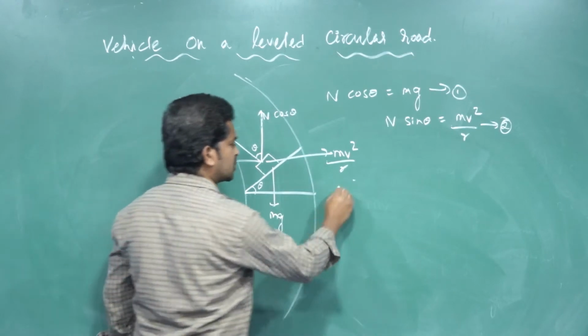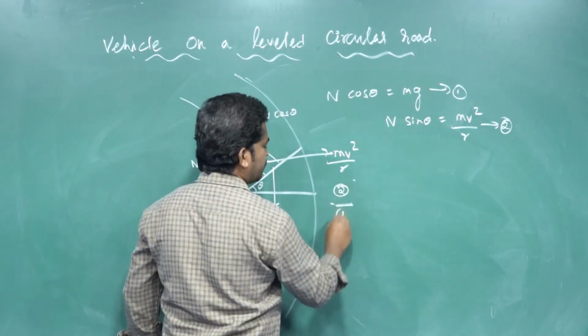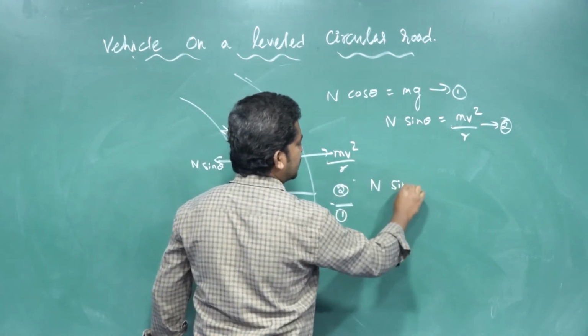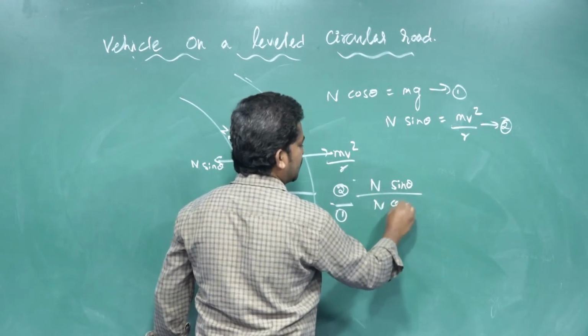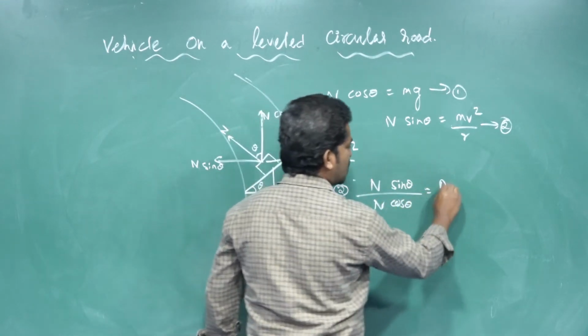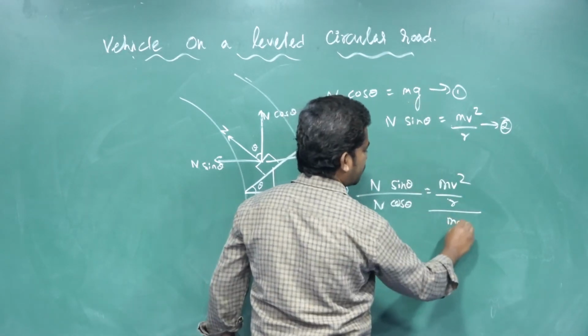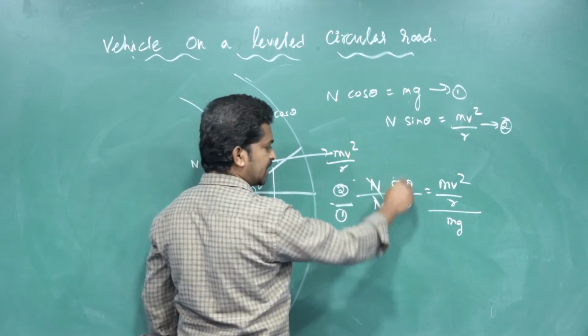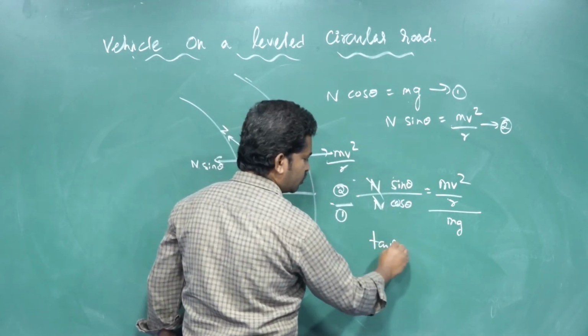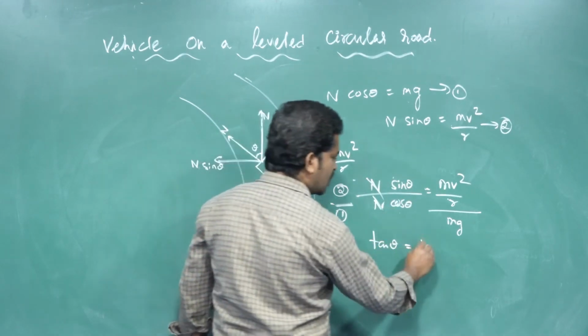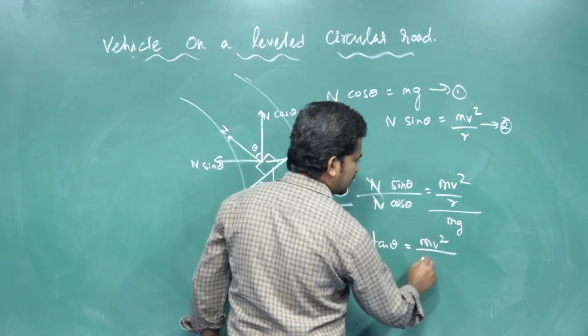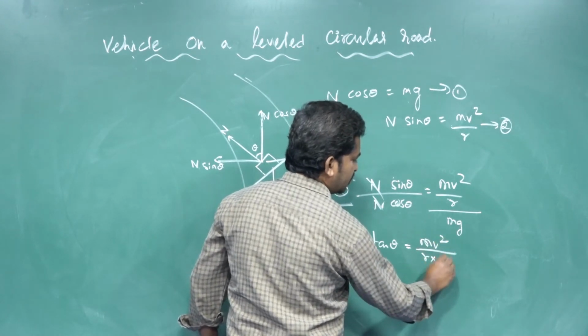Now divide equation 2 by equation 1. N sin theta divided by N cos theta equals mv square divided by r, whole divided by mg. So N cancels, sin theta divided by cos theta is tan theta, which equals mv square divided by r into mg.